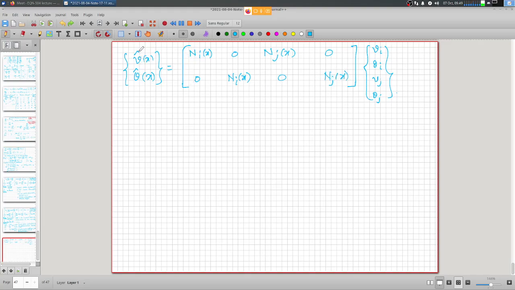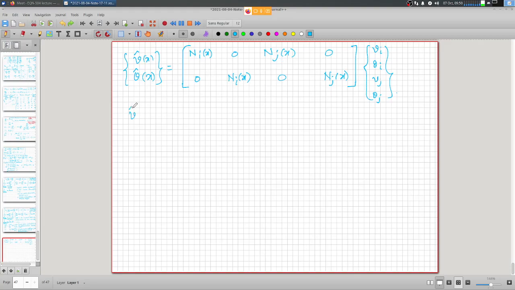right? So V hat is equal to Ni Vi plus Nj Vj. There is no representation of theta in this interpolation of V. Similarly, theta is interpolated independently in terms of theta i and theta j, so Ni theta i plus Nj theta j. And that is what the interpolation model is.